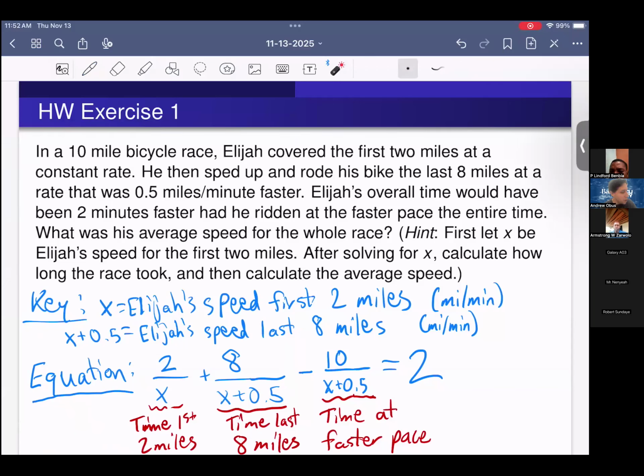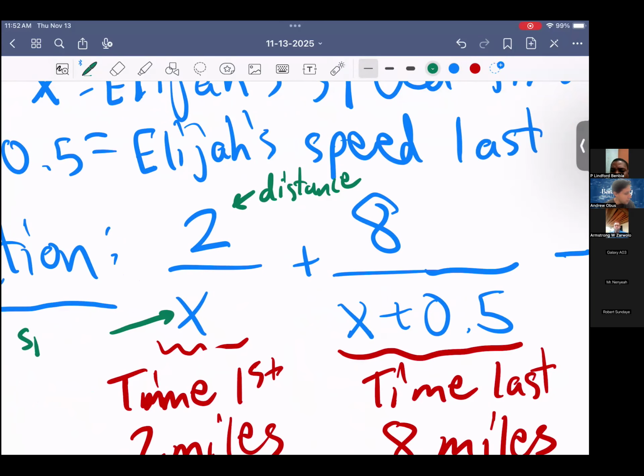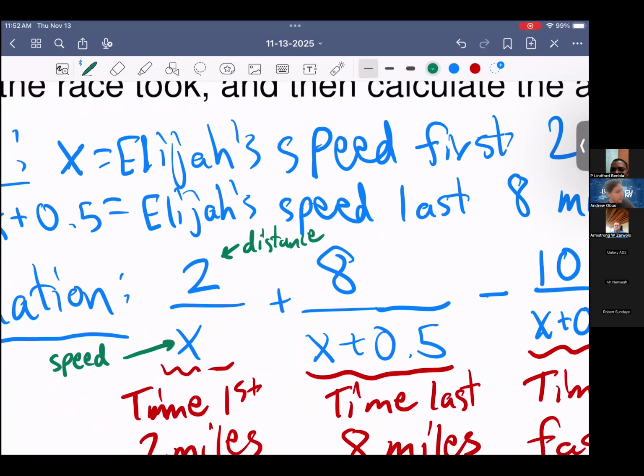Okay, so what is this 2? I'm going to try to write this down. This 2 is a speed. Sorry, this 2 is a distance. This 2 over here, 2 over x, this is a distance, right? And this x over here is a speed, right? x is Elijah's speed.